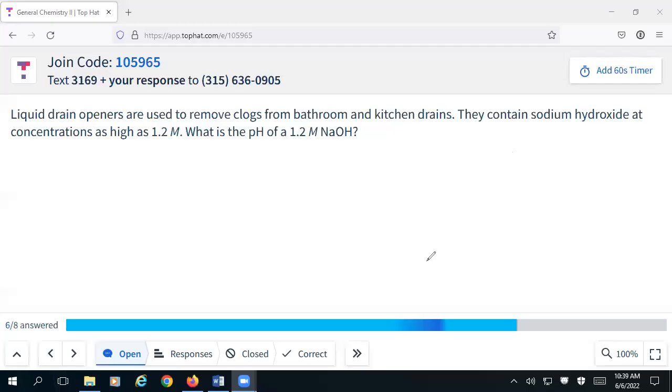All right, let's take a look and see how we did. So the key to understanding this problem was we had to be able to recognize that this sodium hydroxide is a strong base. And so that strong base is going to turn into ions in water according to its stoichiometry.